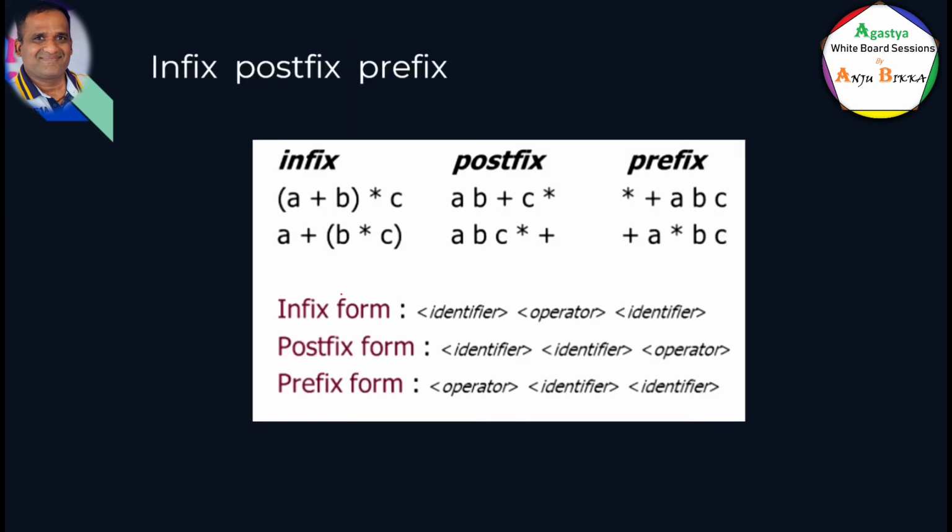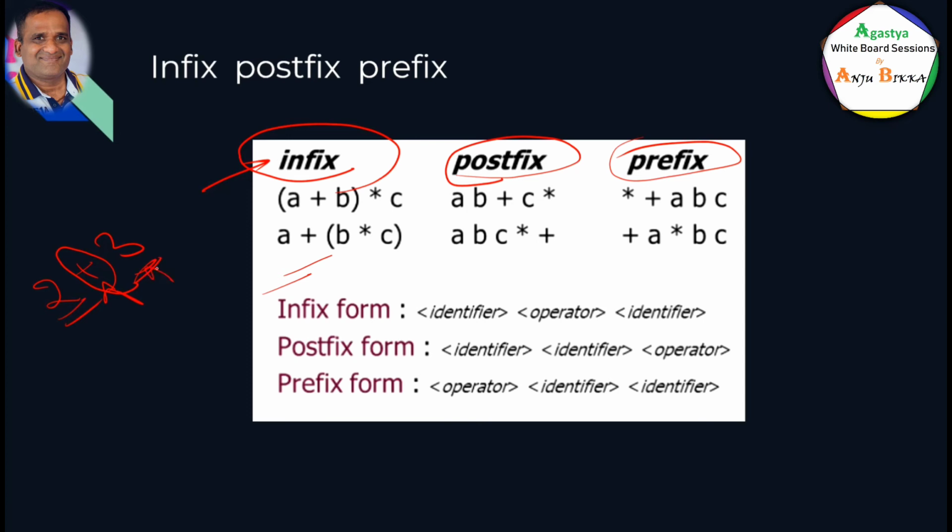Now there are three forms of expressions: infix form, postfix form, and prefix form. What is infix? In means between. So when we say 2 plus 3, the operator is between the operands. This is called infix.